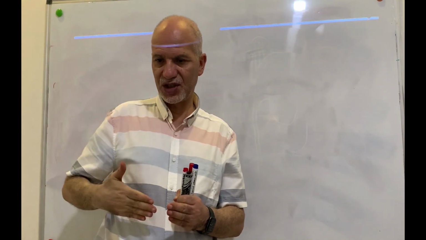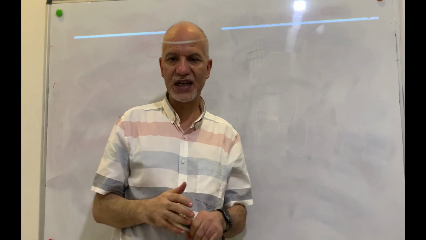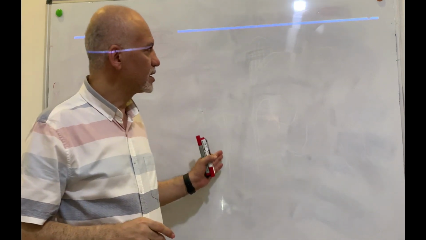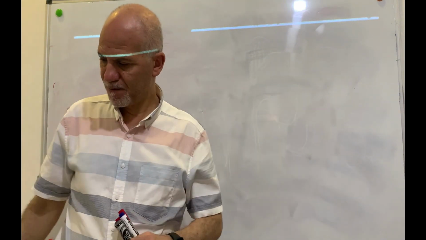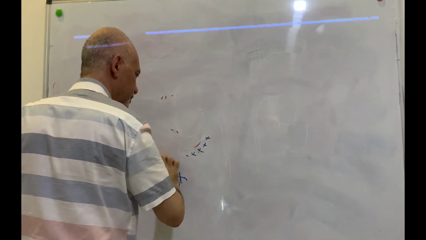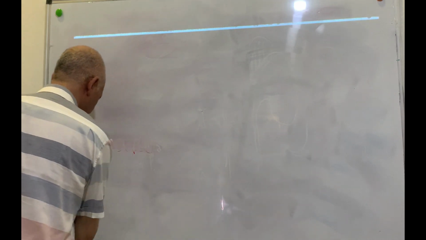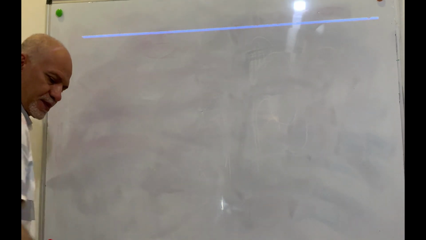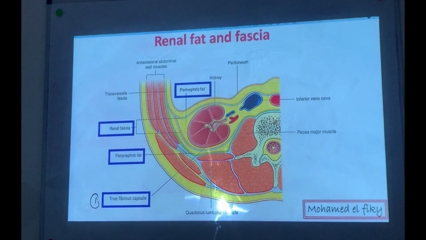This is the capsule which surrounds the kidney: renal fascia and the renal fat.